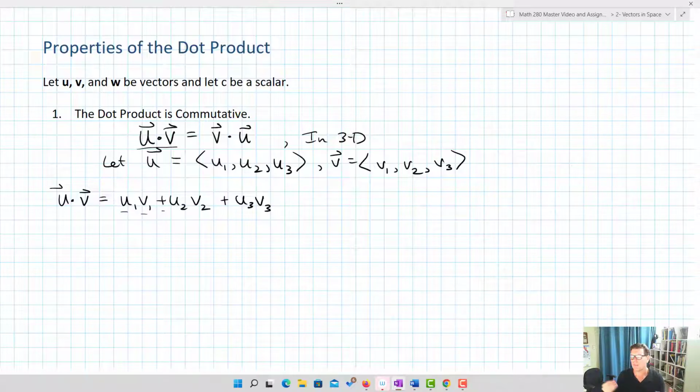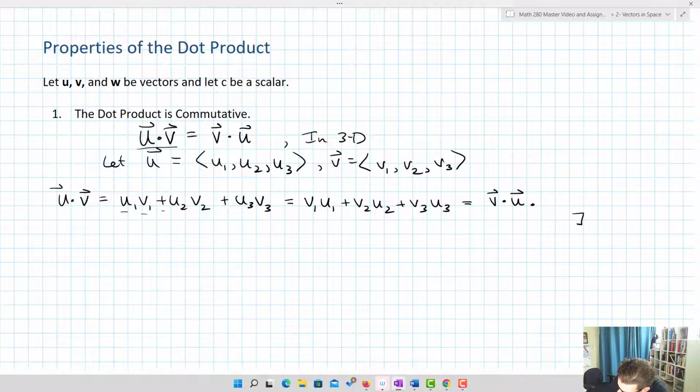We can accept that without any kind of proof. So I can switch around v1 and u1, v2 and u2, and v3 and u3. This gives me v1 u1 plus v2 u2 plus v3 u3. And that's because, like 2 times 3 is the same as 3 times 2. All these components are just real numbers. So this is then going to equal v dot u.